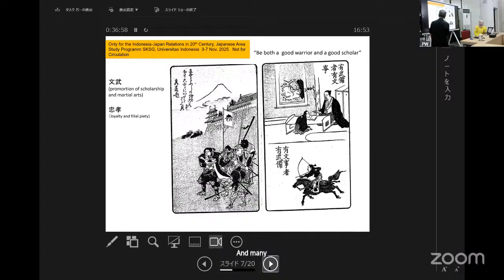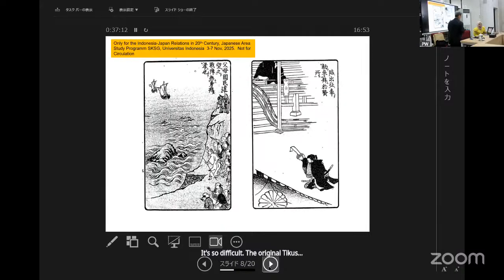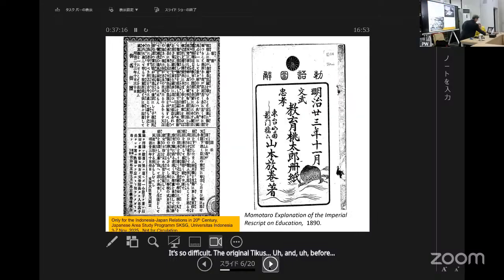And for the Japanese public in the Meiji period, the original text by the Emperor of Meiji was very difficult. So this is the subtext for the Japanese public.